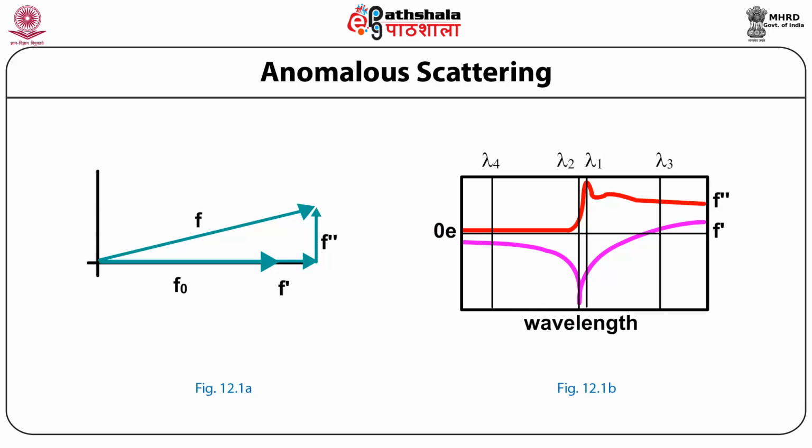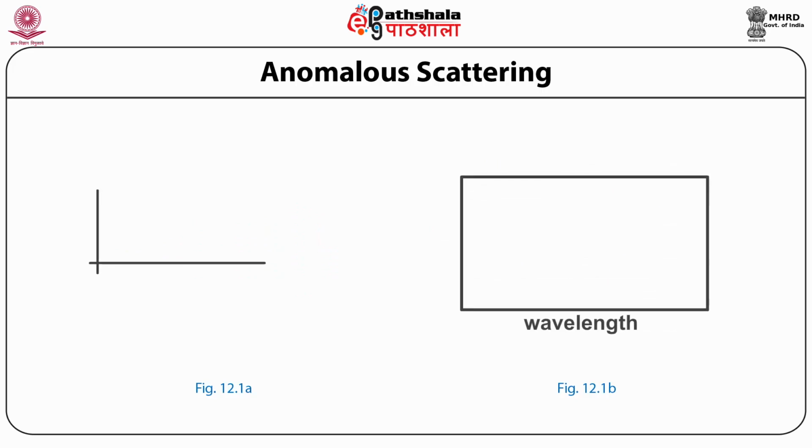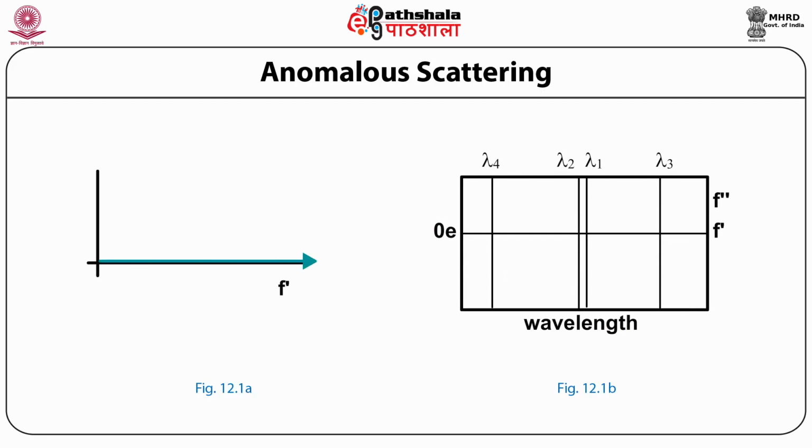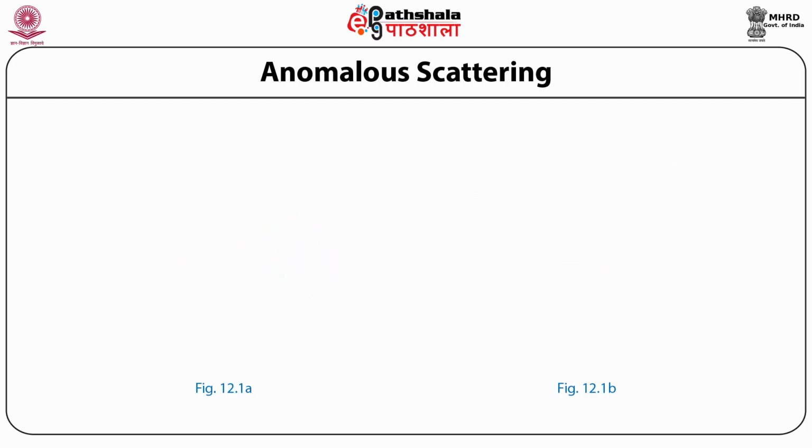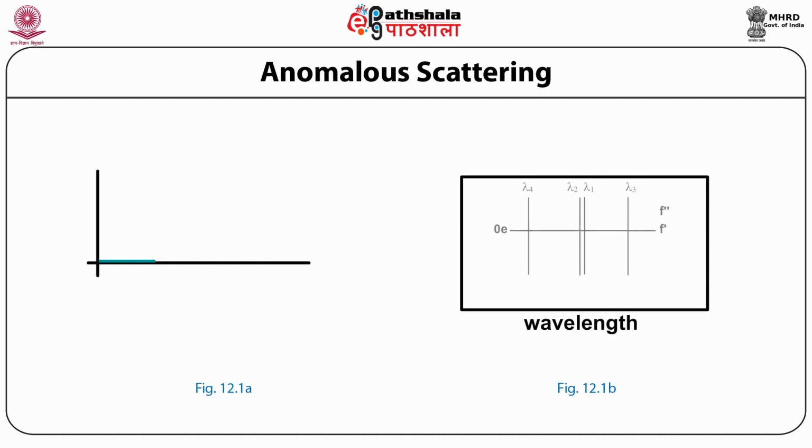Then we have the two remote points, left remote and right remote. These are denoted by lambda 3 and lambda 4 respectively. So what it means is one can collect data at 4 wavelengths, lambda 1, lambda 2, lambda 3, lambda 4. That is why this is known as multi-wavelength anomalous diffraction.